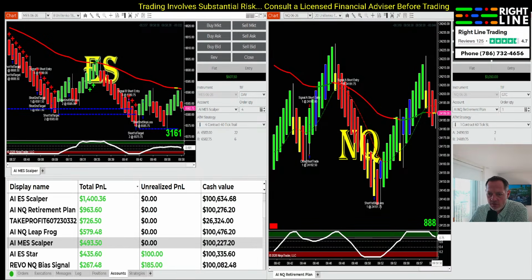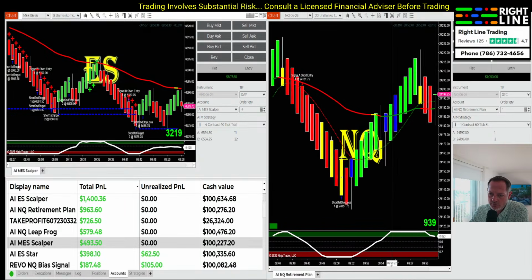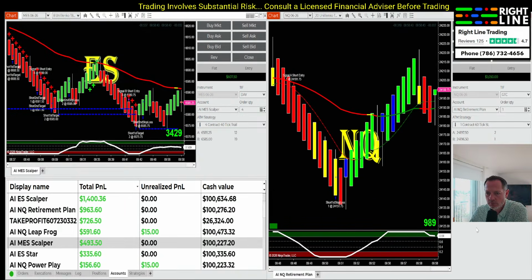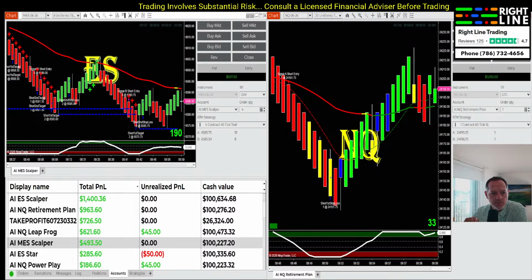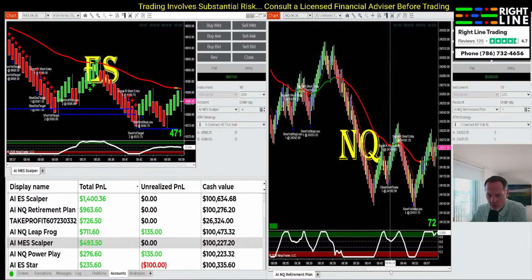If this candle closes red, it should take an entry. We hope we go north. That's the goal. Got to get through quite a bit of resistance here. Market's hopefully oversold.